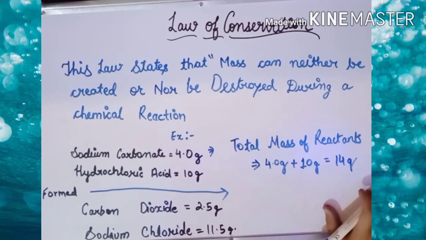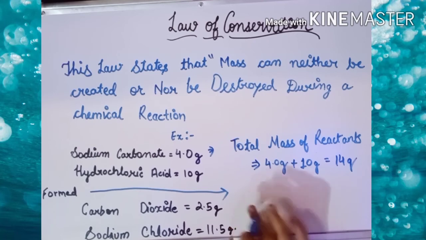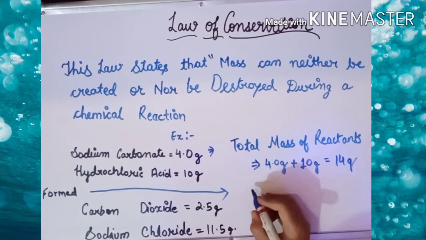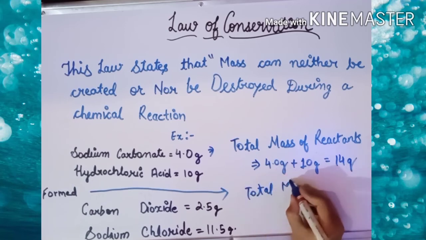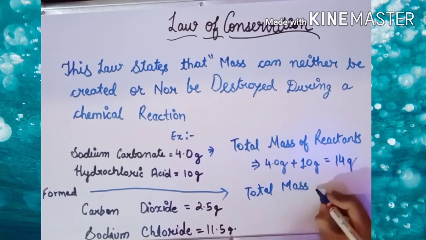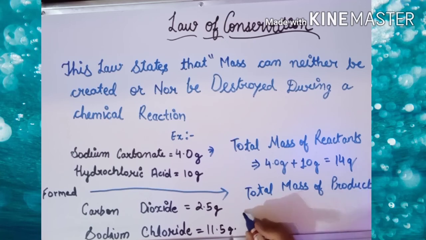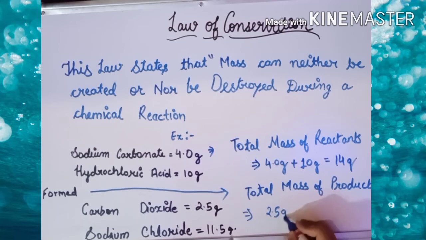Now, for this proof, we also need the total mass of carbon dioxide and sodium chloride to be 14 gram. Of the products also we need the same mass. So, total mass of products is equal to 2.5 gram plus 11.5 gram.